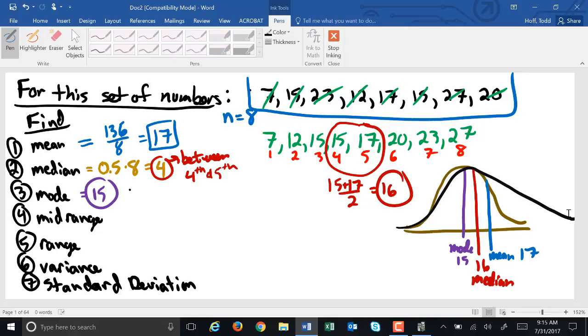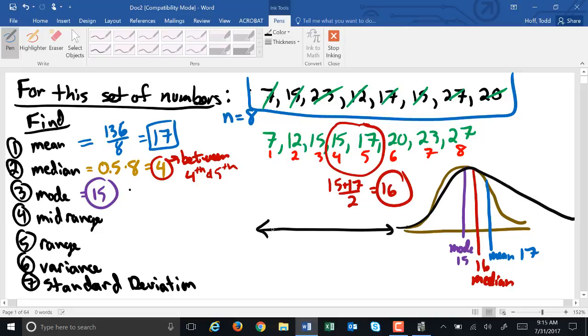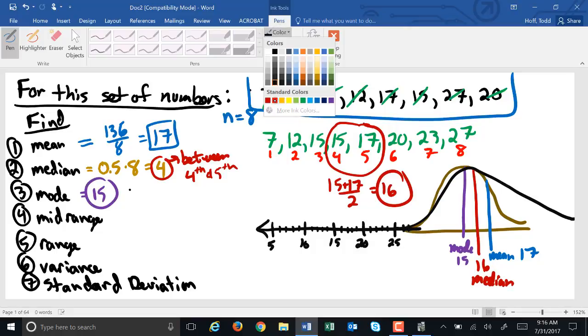If we were to do a dot plot of this, let's put red dots on here.